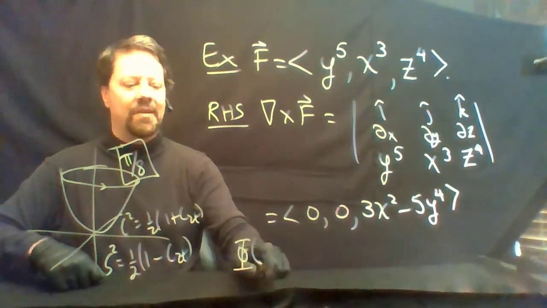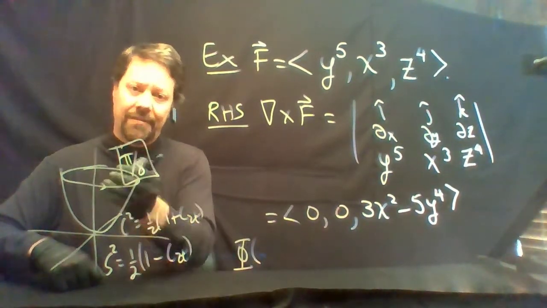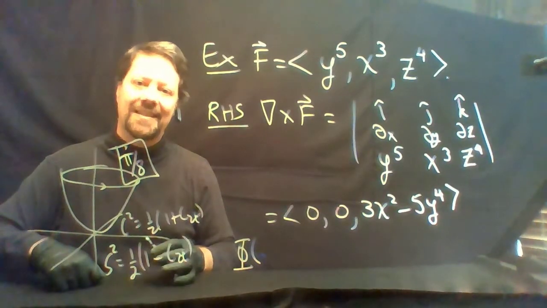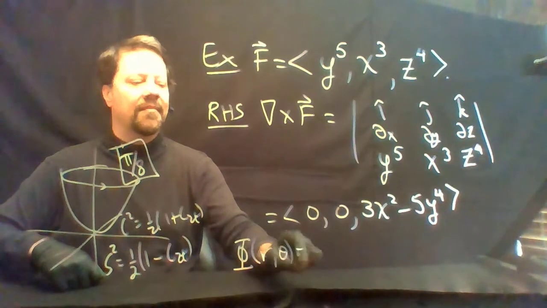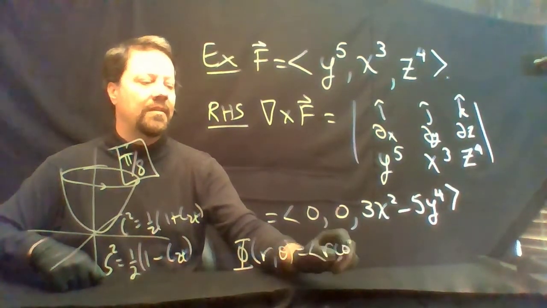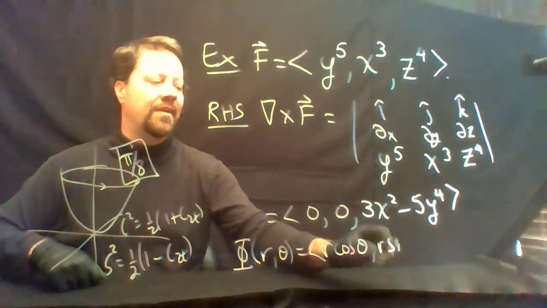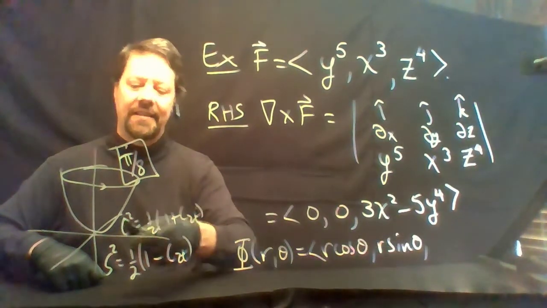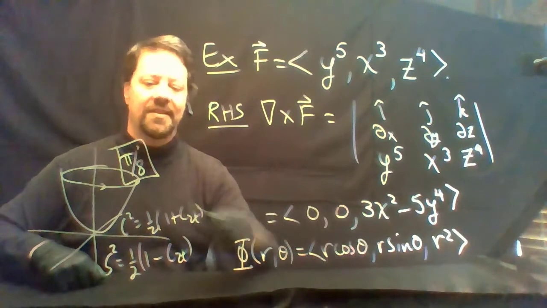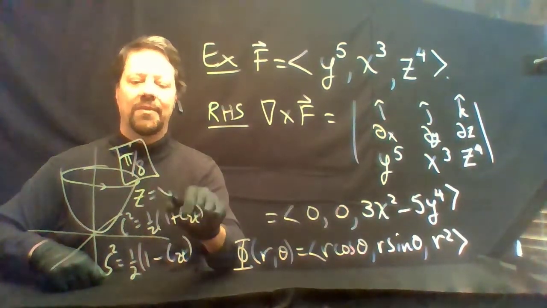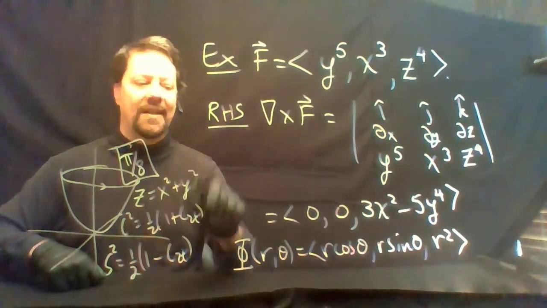We need a surface parameterization. The surface has rotational symmetry around the z-axis, so we'll use cylindrical coordinates, r and theta. X will be r cosine theta, y will be r sine theta, and then z will be r squared, since z was equal to x squared plus y squared.